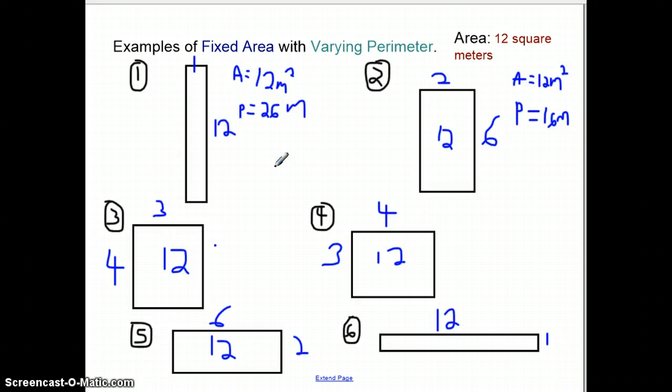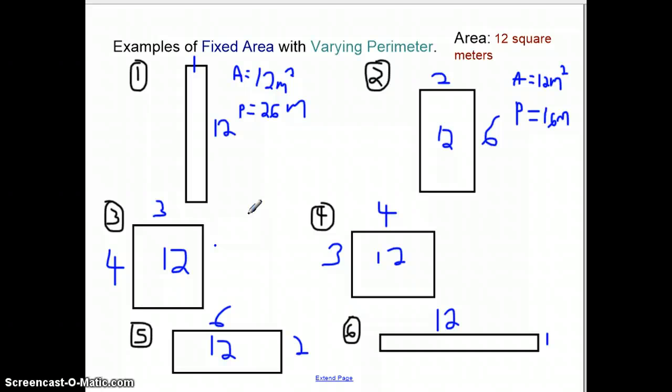Now, something I need to point out and make sure you recognize this. What do you notice about the dimensions? The 1 and the 12, the 2 and the 6, 3 and 4. What do they all have in common? They are all factors of 12.